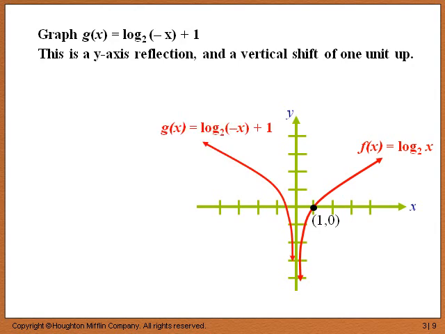And taking both of those into account, we have g(x) equals log base 2 of negative x, plus 1. And visually, we can see what's happened here is that the function has been reflected about the y-axis, rotated 180 degrees, and then shifted up 1 unit.